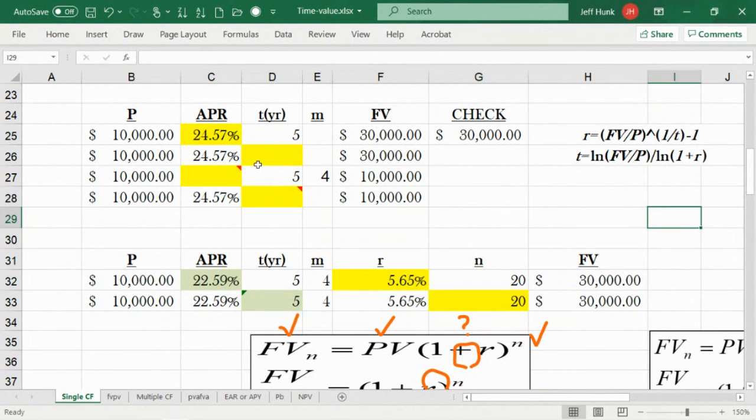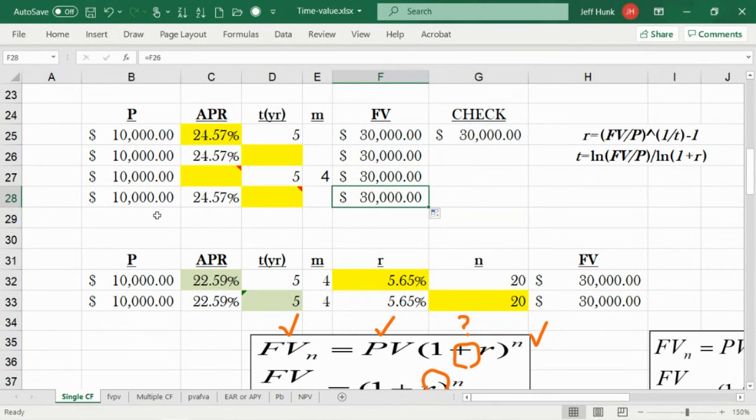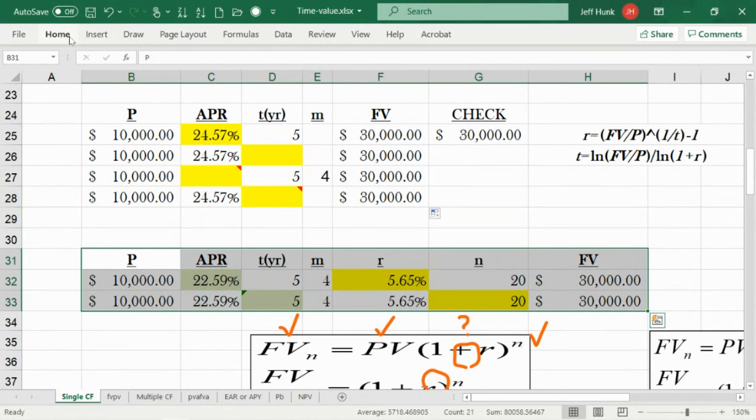Suppose the compounding frequency is 4, and you're not doing it this way.